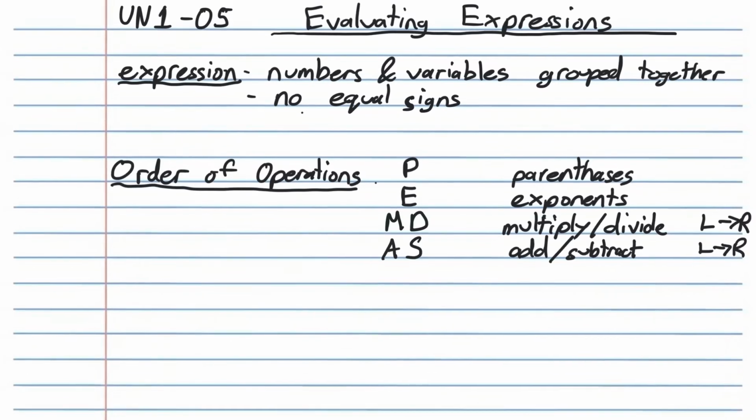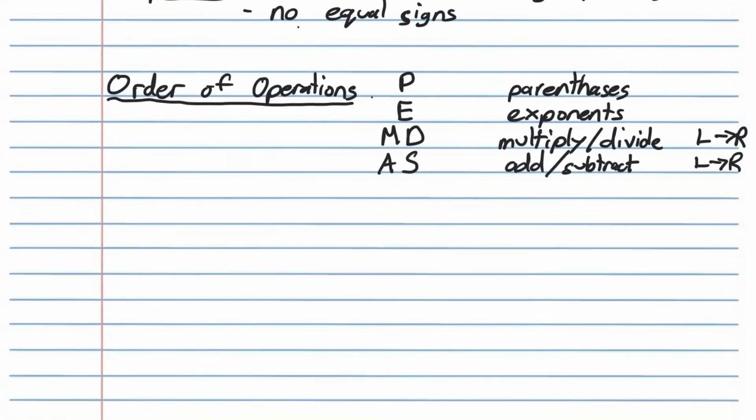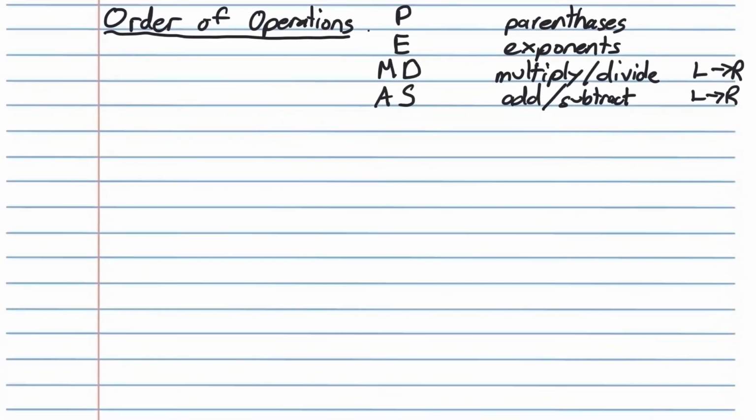Now the questions we're looking at today, I'm going to give you an expression that involves x's and y's, but then I'm going to tell you what their actual number value is.